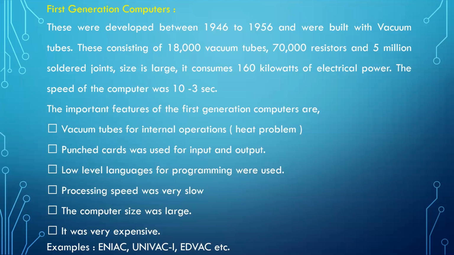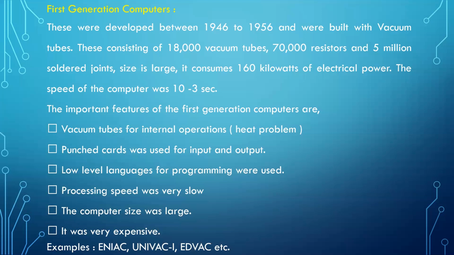The next feature is that the computer size was large. We saw above that 18,000 vacuum tubes are needed. You have to connect them with the help of wires and join them by soldering. Then 70,000 resistors were there, again connected by using solder joints. It's an open circuit system.